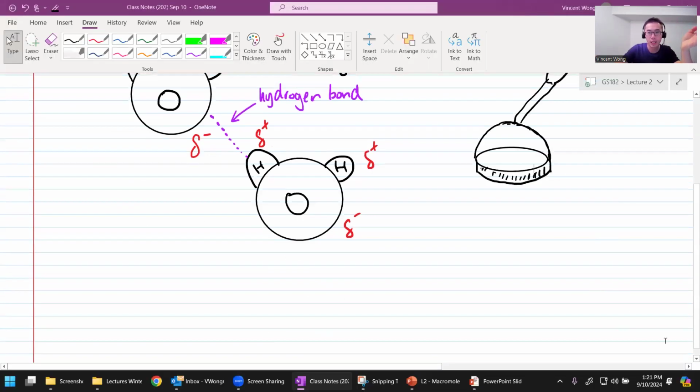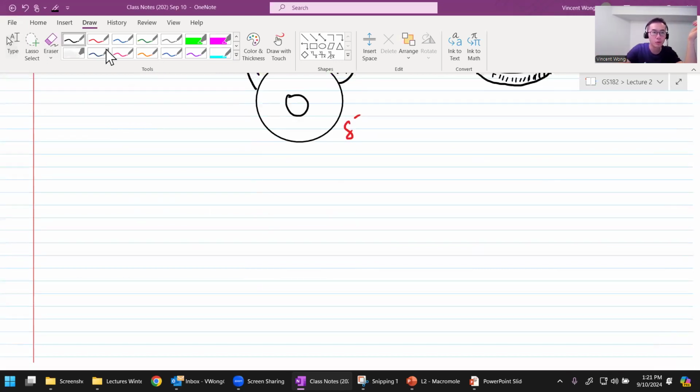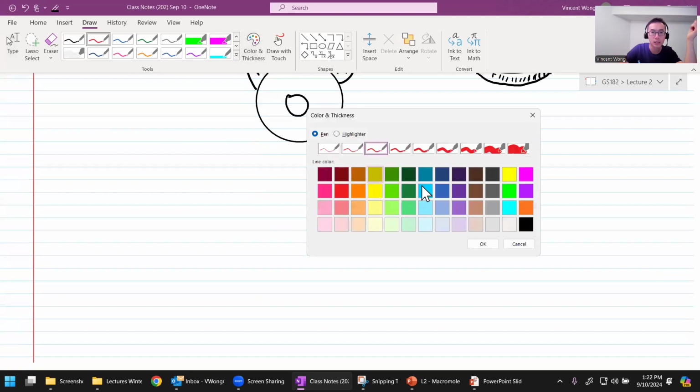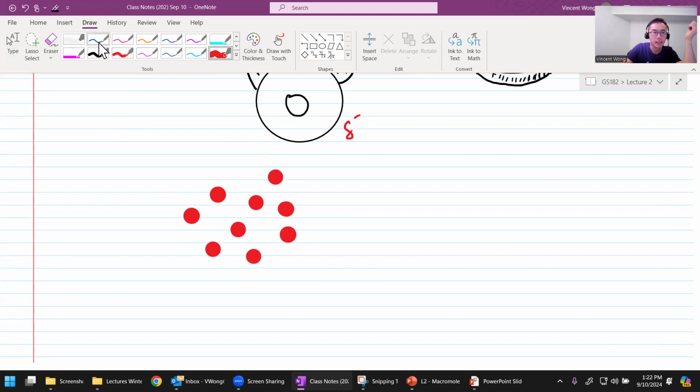So let me try to draw this out for you so that you have a visual representation of what's going on. We can think of it like this. We have these little balls here, and these would be called monomers.